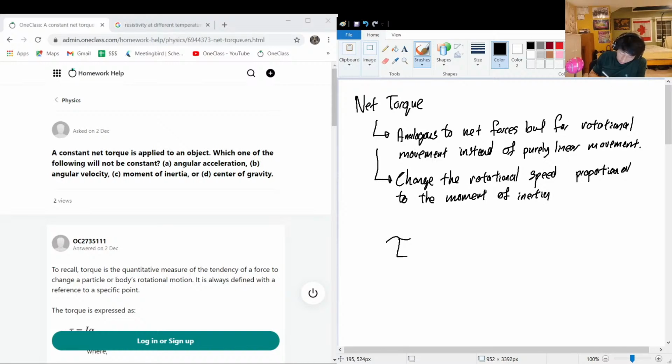Okay, so a way that we can write this is torque is equal to moment of inertia, so that's I for inertia, multiplied by angular acceleration.